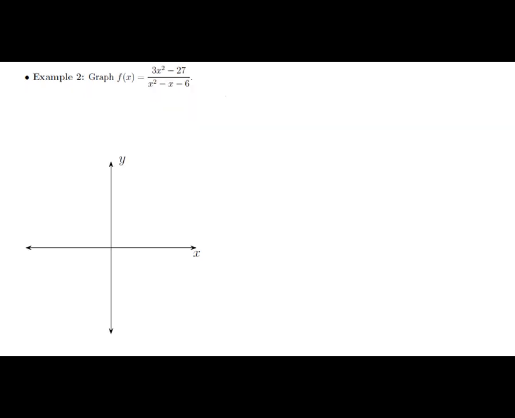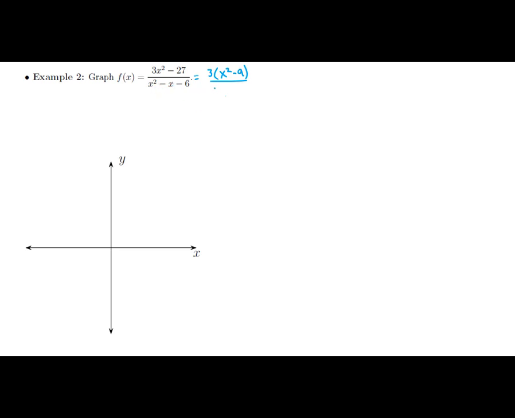So let's take a look at another example here. Like we did on the last example, let's begin by factoring out the top and bottom, if possible. On top, we can see there's some easy factoring to be done. There's a common factor in both the top and bottom.